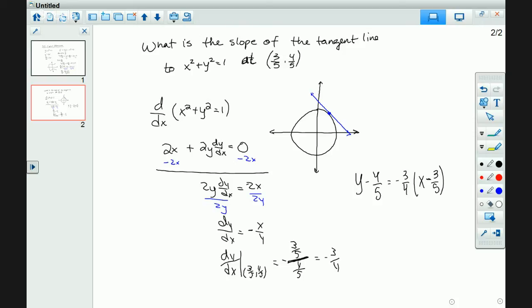You're also going to run into, where is the tangent line horizontal? You can see it on the picture, right?